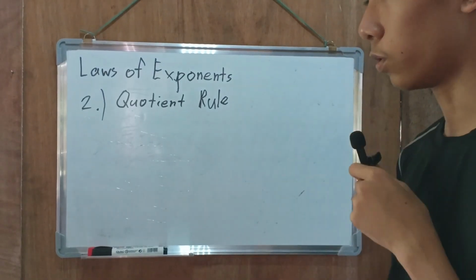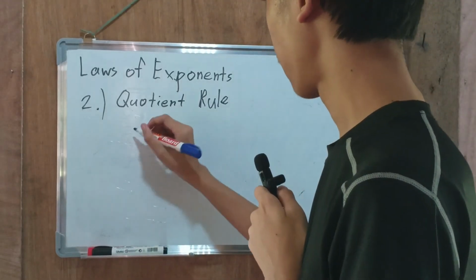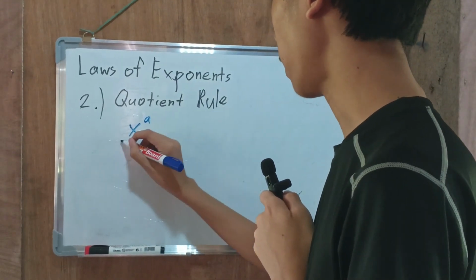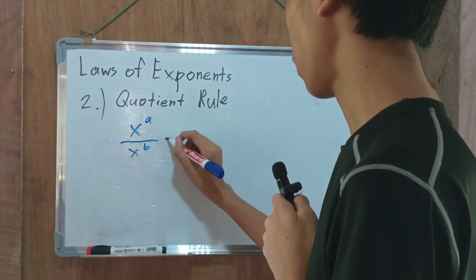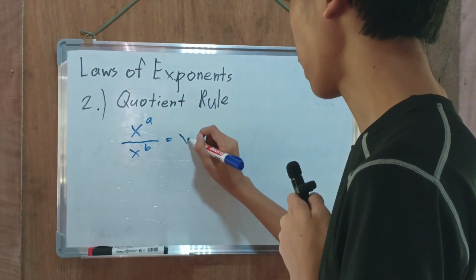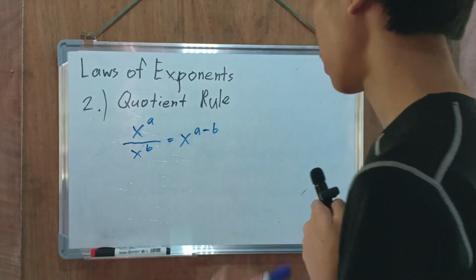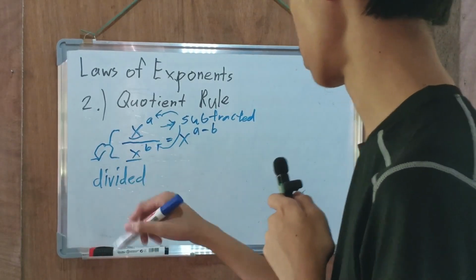So the quotient rule states that x raised to a divided by x raised to b equals x raised to a minus b. Confused?